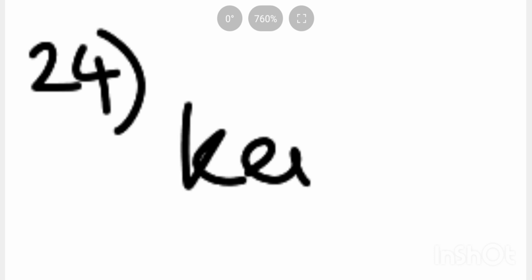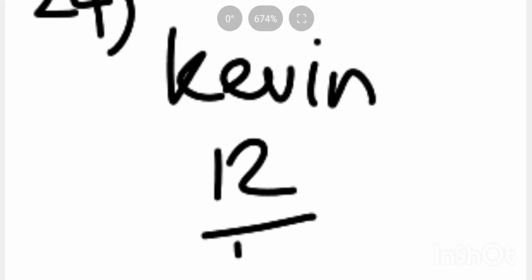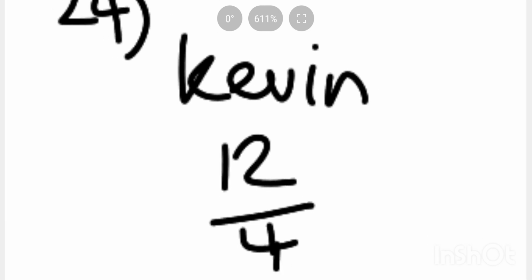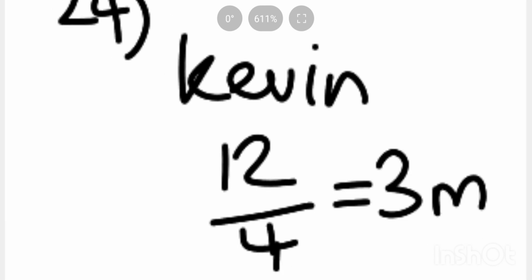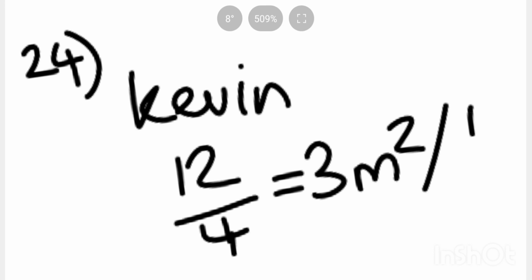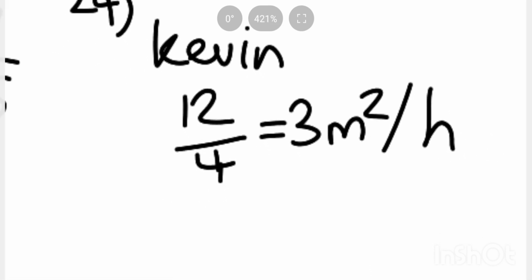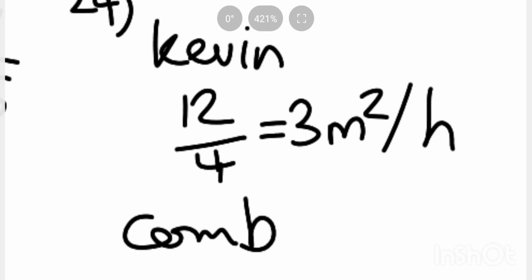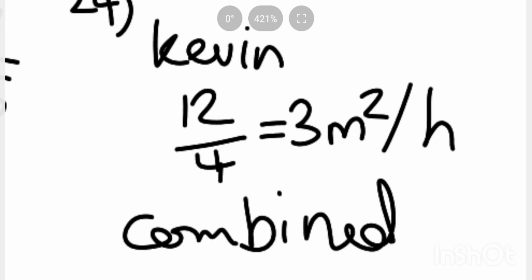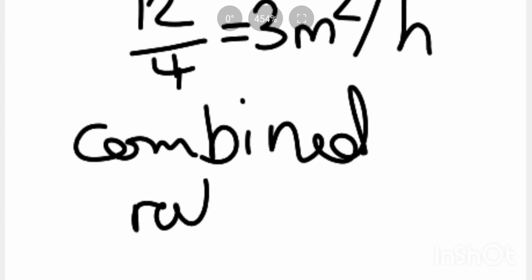So if I was to do this calculation-wise, Kevin's rate is 12 square meters over 4 hours, which is 3 square meters per hour. And then Steve, so the combined rate when they work together is going to be 6 square meters per hour.